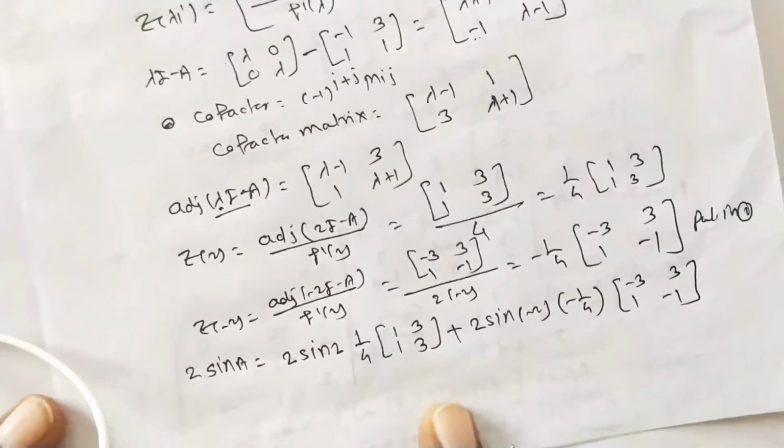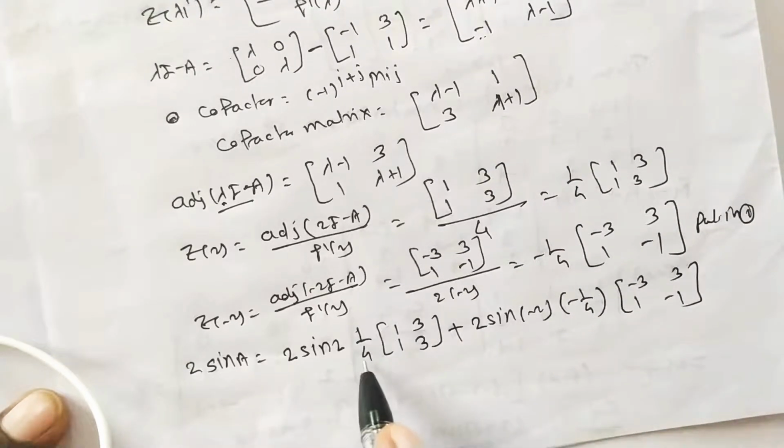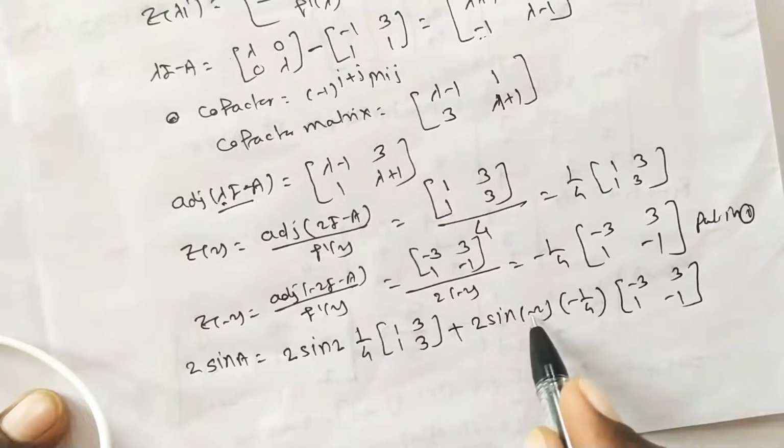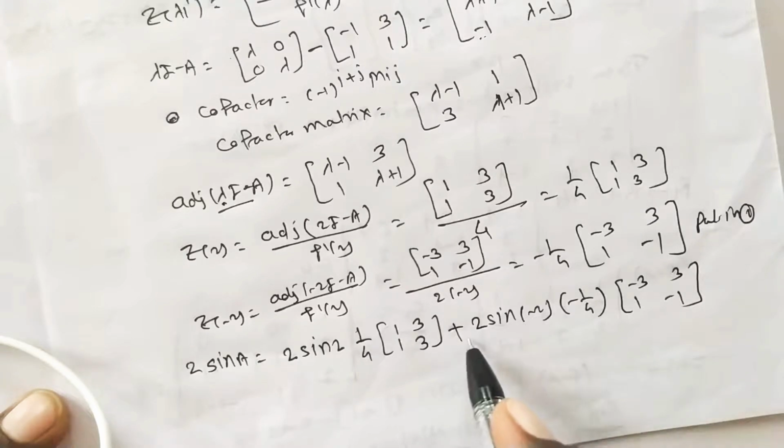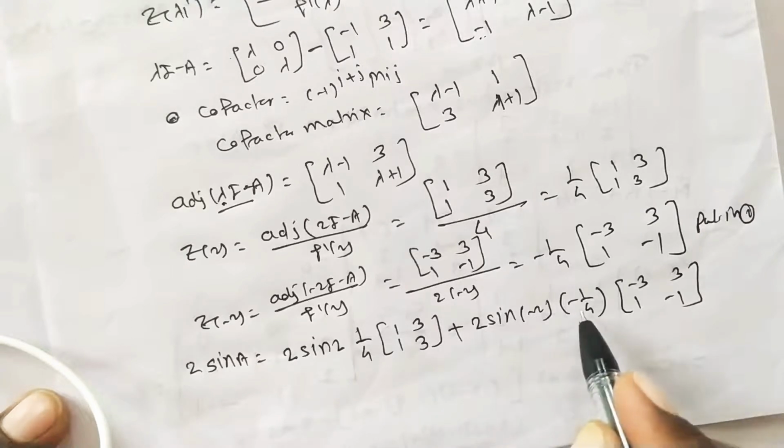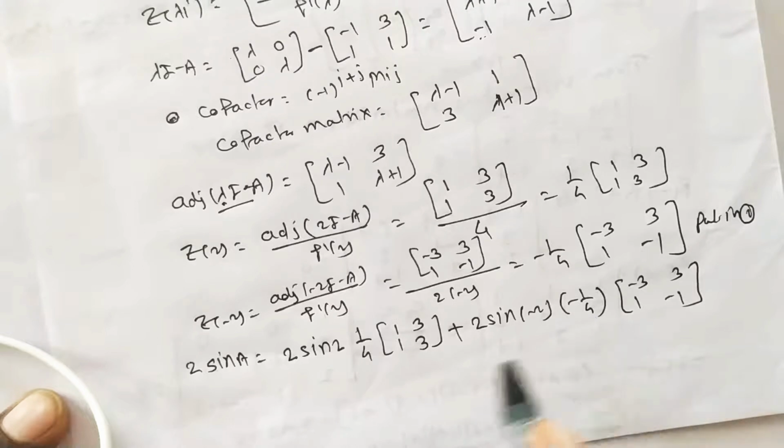Okay. Now we have to simplify this. So this 2 by 4 is 1 by 2. Sin of minus theta is minus sin theta, so this minus plus this 2 by 4 is 1 by 2. So we can take 1 by 2 sin 2 common here.